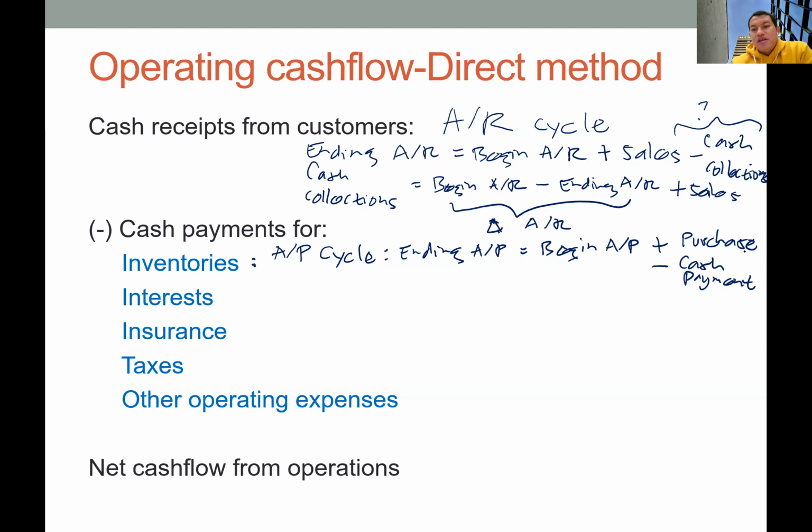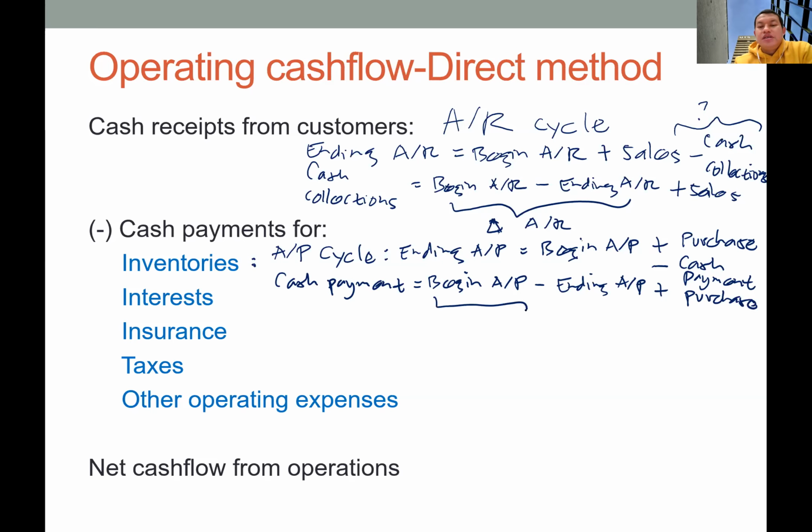If we rearrange this formula, cash payment for inventories is equal to the beginning account payable minus the ending account payable plus the purchases.